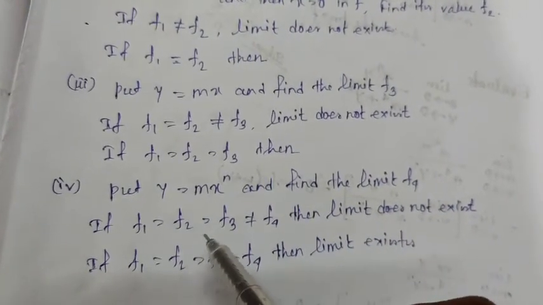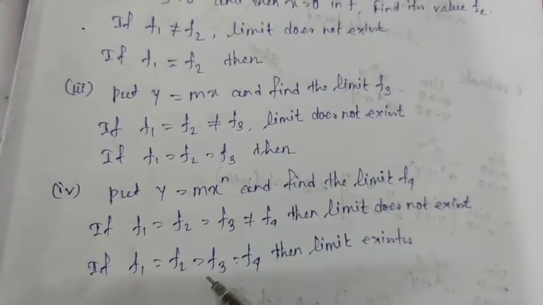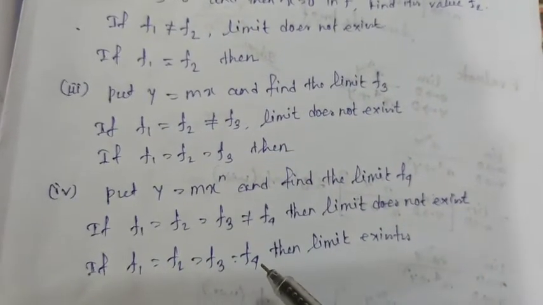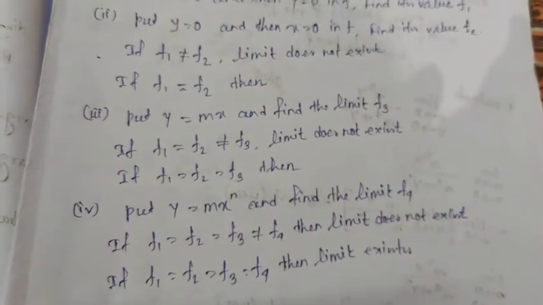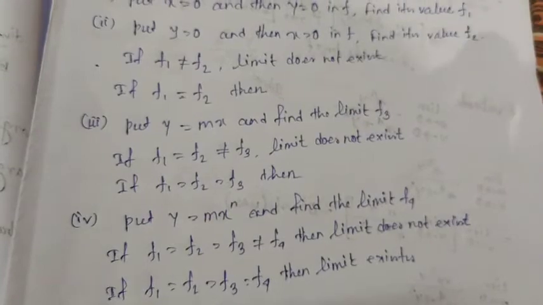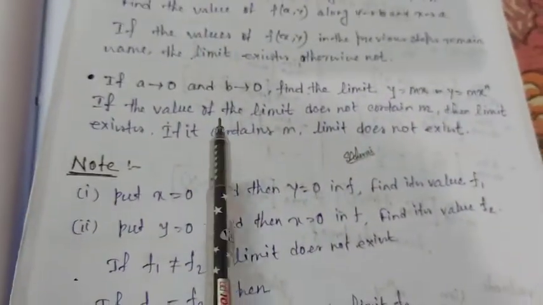If f1, f2, f3 are not equal to f4, then the limit doesn't exist. And if f1 is equal to f2 is equal to f3 is equal to f4, then the limit exists. So you have to follow this procedure to find the limit of a bivariate function when the points a and b tend to 0.